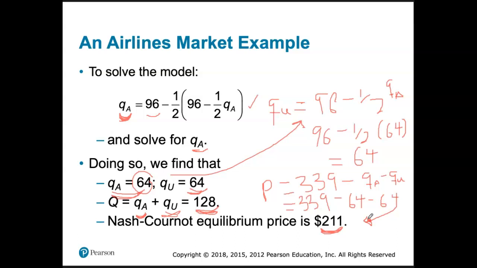So using algebra, we've been able to find the quantity of passengers American Airlines should fly, the quantity of passengers United Airlines should fly, the total quantity that should be flown in the airline industry from Chicago to Los Angeles, and the price that should be set.